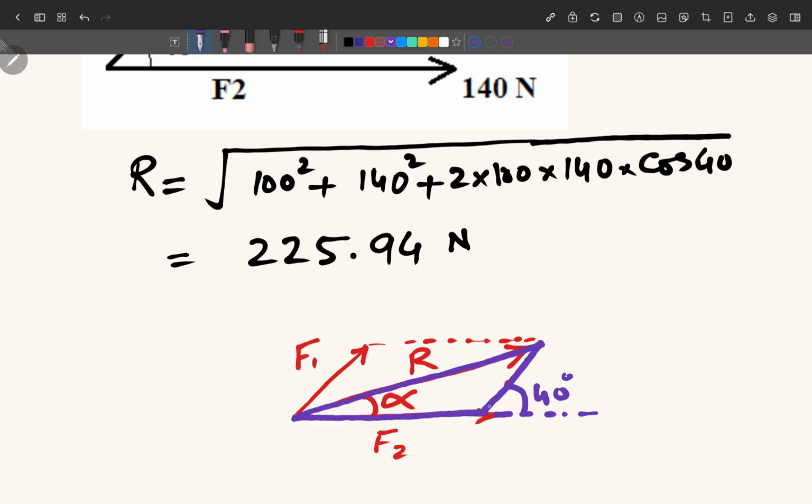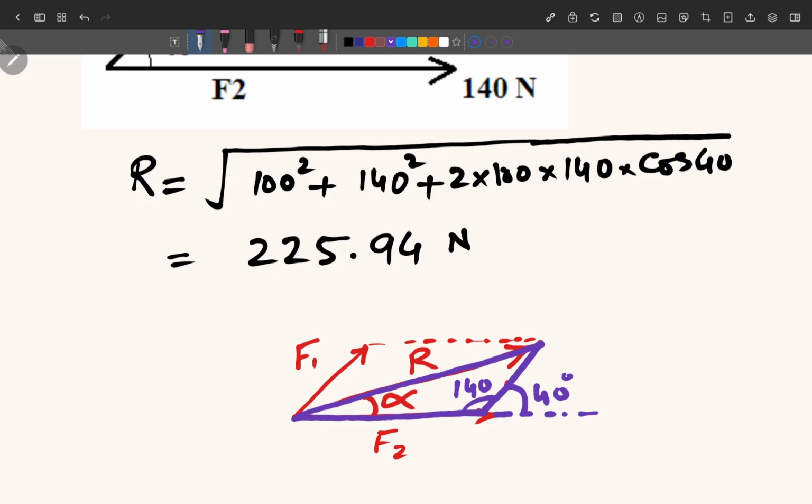So the inner angle will be equal to 140 degrees, right? We have these three sides of the triangle, and we also know one of the angles.